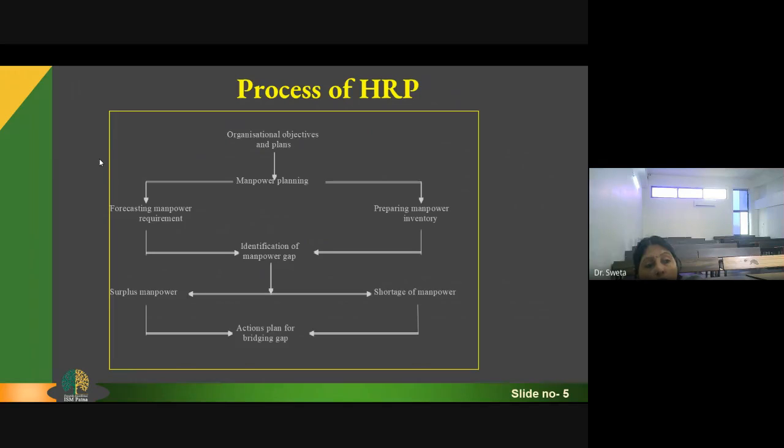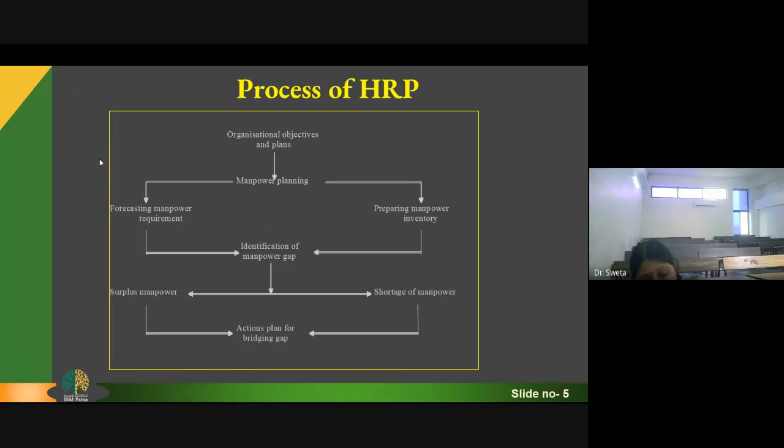So we'll go for the retrenchment process, although it is not justified in the context of human resource management, because we are there to take care of the human resource, not to retrench them. So we can go for some other option. But if we are not left with any other option, then we will have to go for the retrenchment process as well.